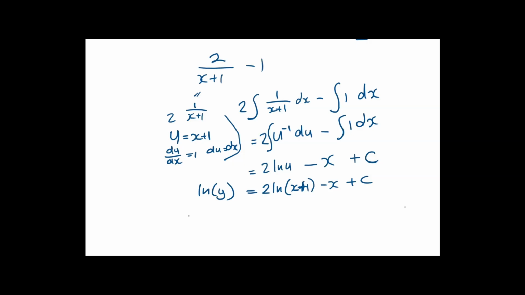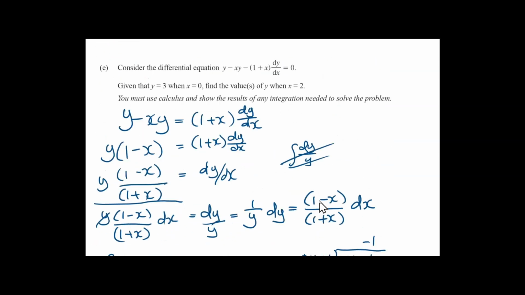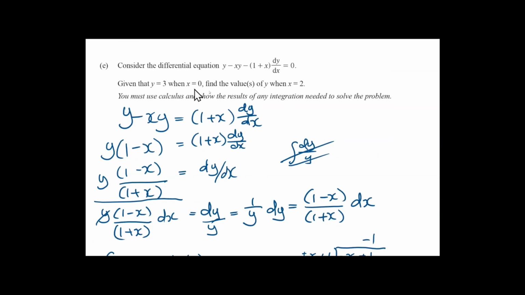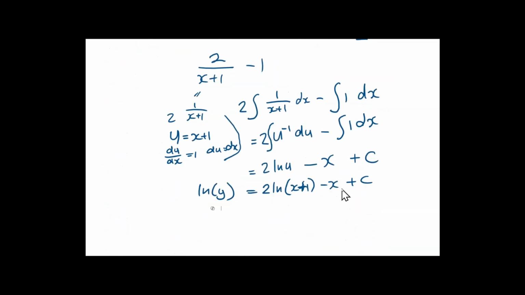Now we need to find out what c is, and they do give us an initial condition. The initial condition is y equals 3 when x equals 0. So the natural log of 3 is going to be equal to 2 natural log of (0 plus 1), minus 0, plus c.